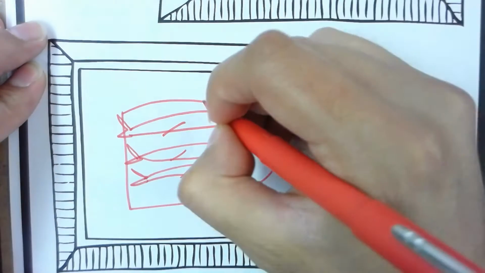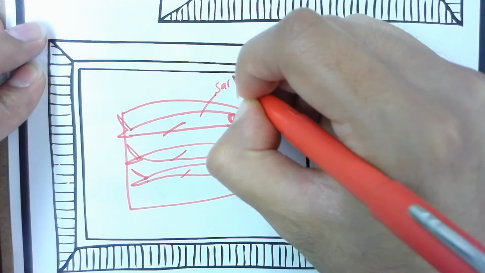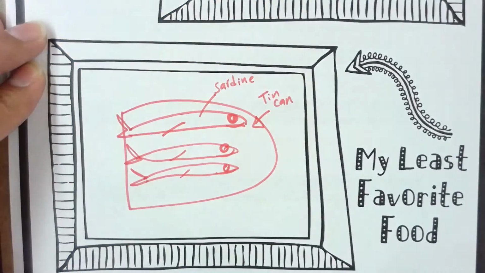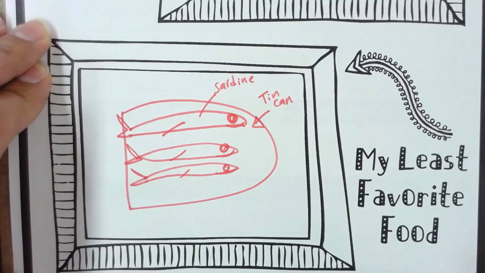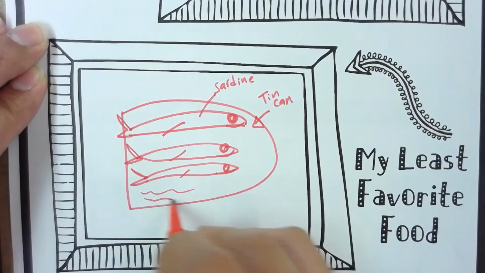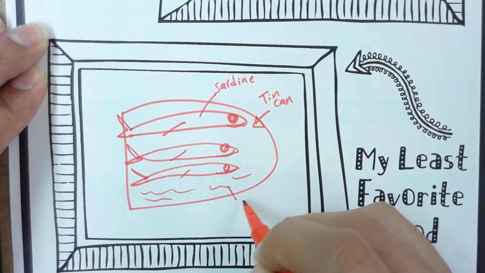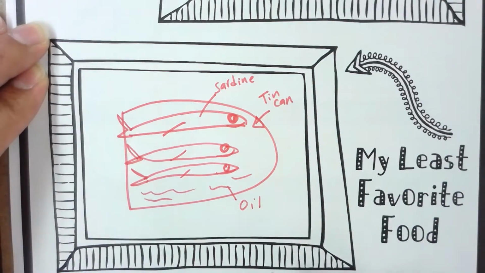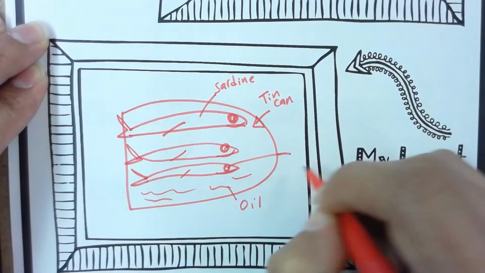This would be the sardine, and then it always is in some kind of oil, and then his little eyeball.